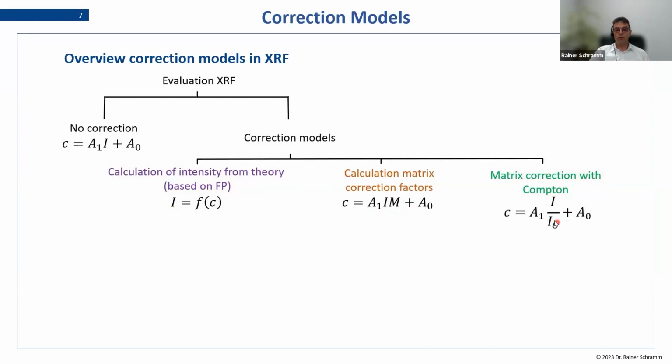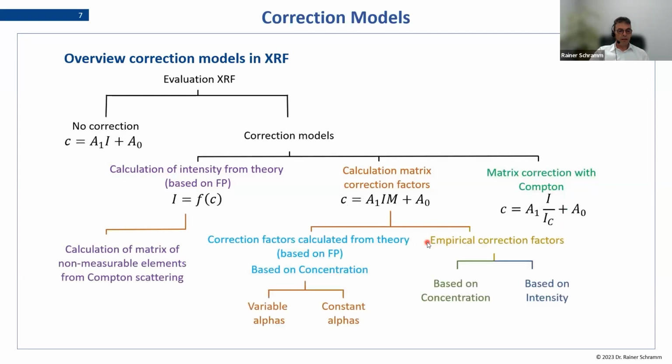So you use the Compton scattering peak as an internal standard to do the matrix correction. We could split that further. That means that our matrix factor could be either calculated from theory, also called variable alphas or constant alphas, or you calculate it empirically based on standard materials. So these are the two ways. This case here is a bit comparable to this case, just a different approach, but the result will be quite the same.